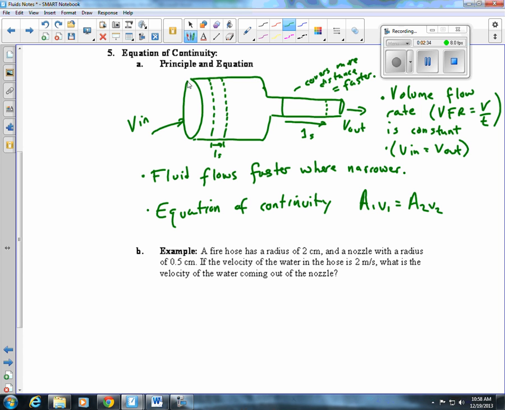I'm going to make a note over here, because it never says this anywhere, but the volume flow rate, whenever it's rate, it means divide by time, so that equals V over T equals A times velocity. They never say that anywhere on the reference table, but it's something that's good to know. This equation is on the reference table, but sometimes they'll ask you for the volume flow rate, and nowhere does it say that AV equals the volume flow rate.